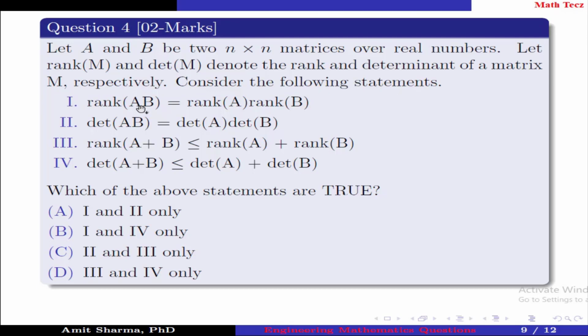Statement 1: rank AB equals rank A times rank B. Statement 2: determinant of AB equals determinant of A into determinant of B. Statement 3: rank of A plus B is less than or equal to rank of A plus rank of B. Statement 4: determinant of A plus B is less than or equal to determinant of A plus determinant of B. Which of the above statements are true?